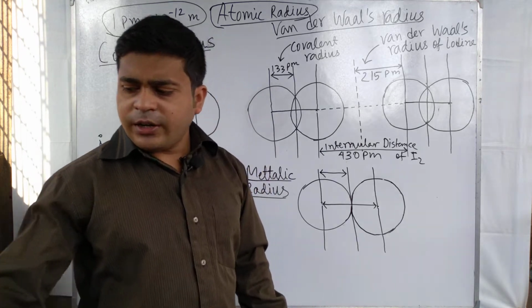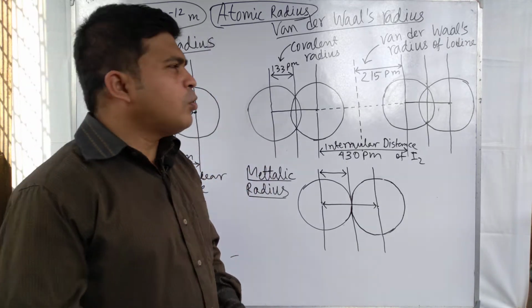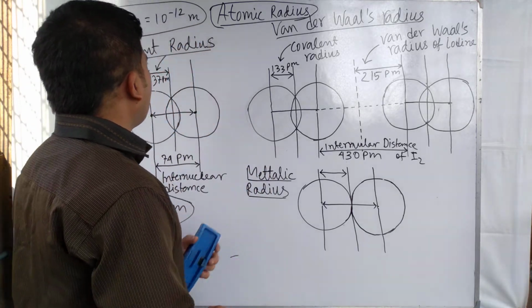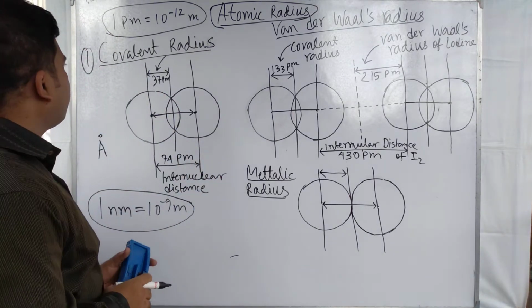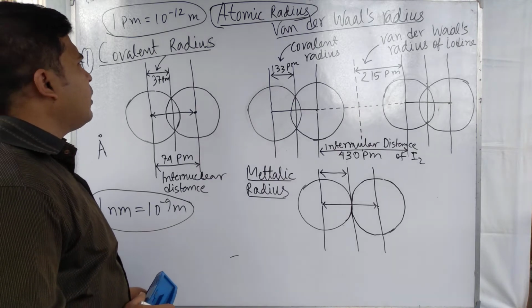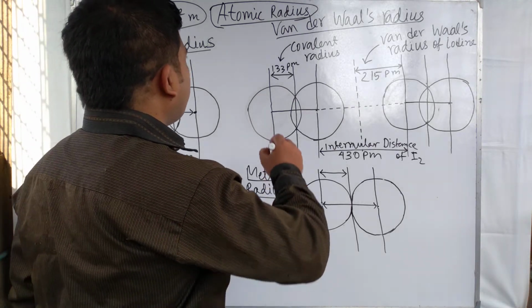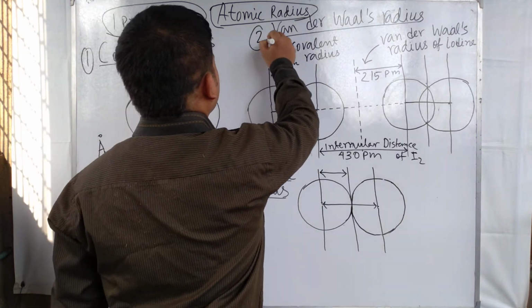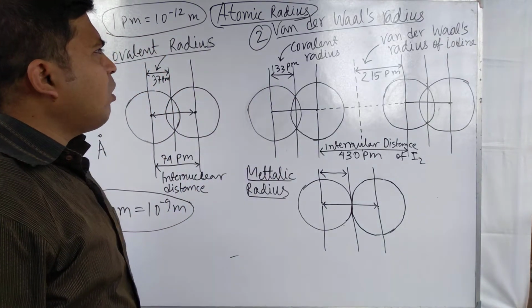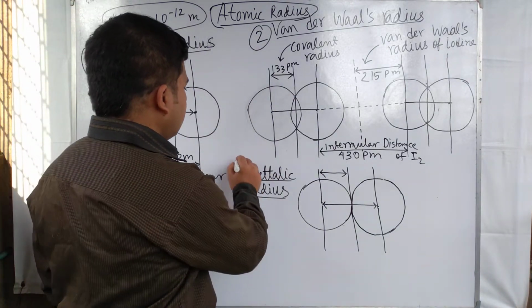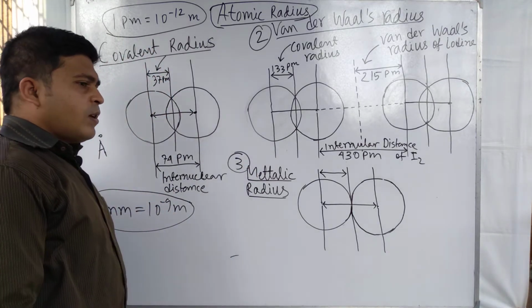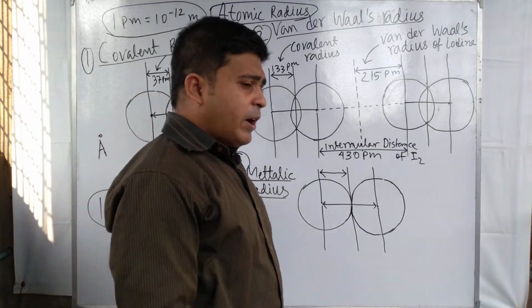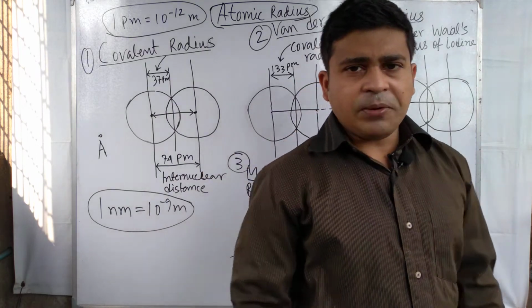And atomic radius is divided into three types.